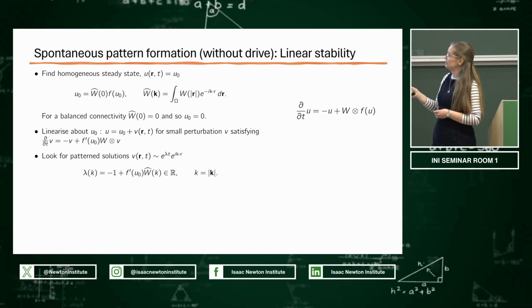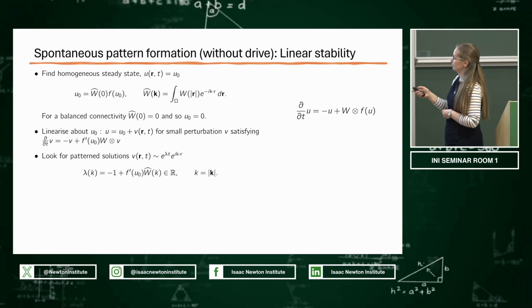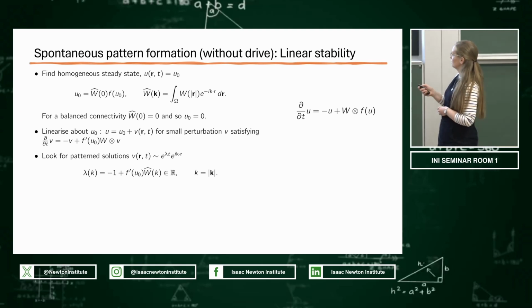And then we do our linearization, and we get growth of wave vectors with length k if we satisfy this dispersion relation here. So let's have a picture for what that generally looks like.